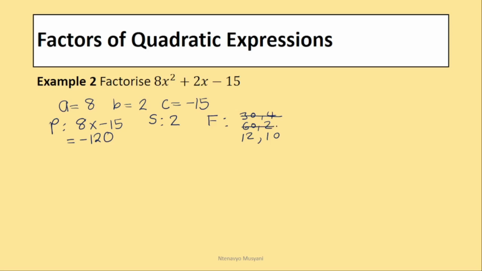These two don't come close to what I want. Remember, these two factors, when you multiply them, they need to give us a negative 120. So I can make either one of them a negative. I can either make 12 a negative or 10 a negative. But I'm going to give 12 a negative. Why? When I add negative 12 plus 10, oh sorry, I'm not giving this one a negative, sorry.